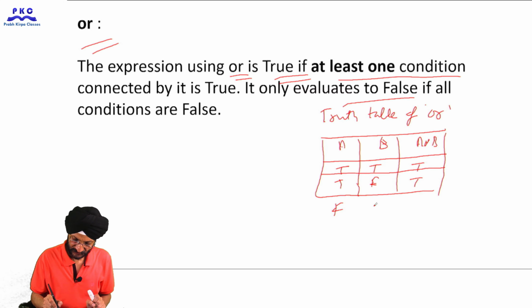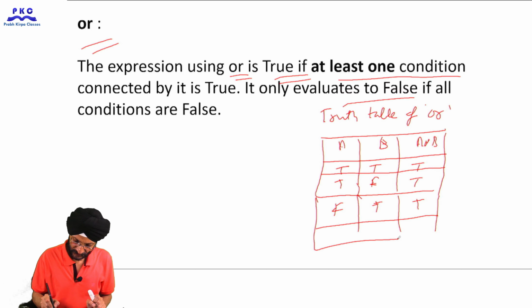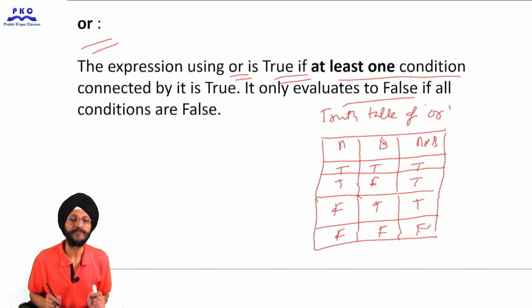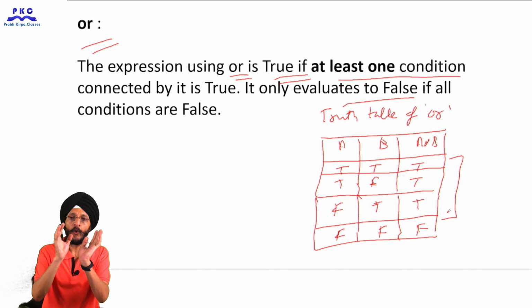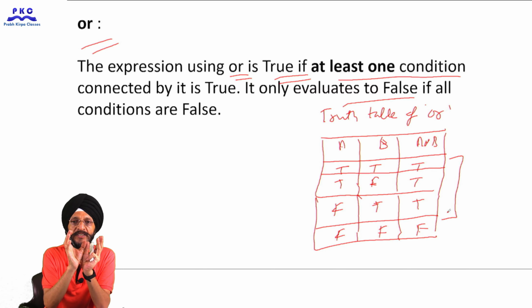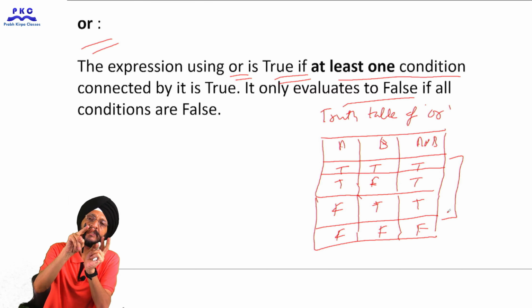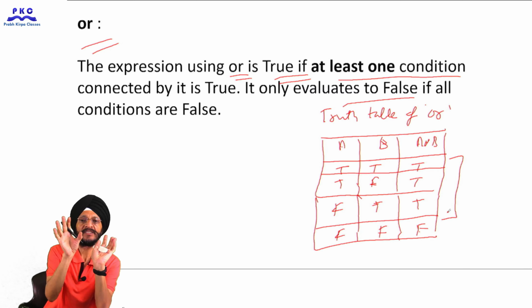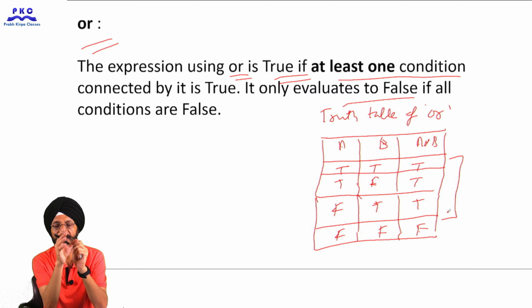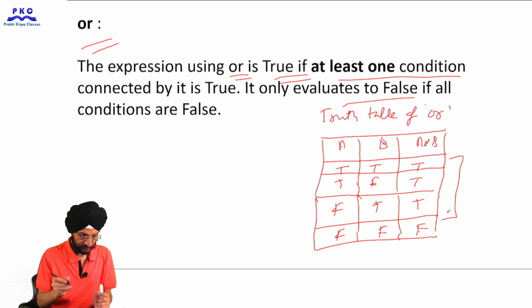If one is false, the other is true, then it is also true. If both are false, then the result is false. It means that if any of the two conditions is true or both the conditions are true, the result is true. However, if both the conditions are false, the overall expression will result in false.